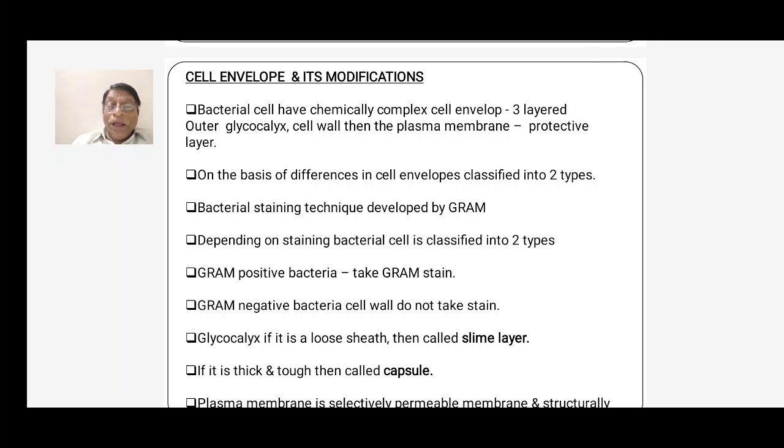Ribosomes are present in both cells. Okay, in prokaryotes, the cell membrane forms a special structure called mesosome, which is nothing but the infoldings of cell membrane.